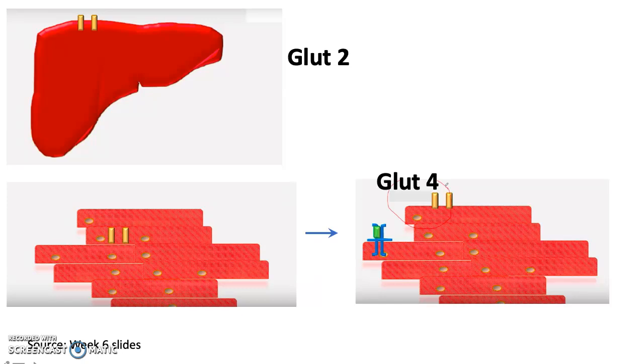And here in this case, we're looking at the brain, and the brain transport system is more similar to the skeletal muscle system in that it is insulin dependent.